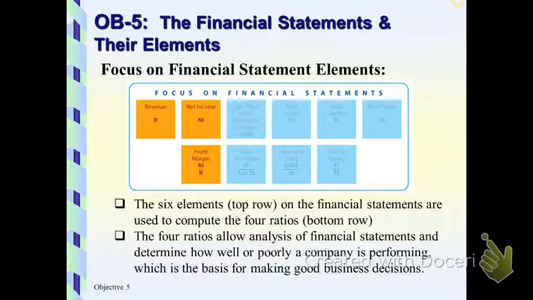We can see that the cash flow from operations activities, total assets, total liabilities, and total equity each impact the asset turnover, the cash flow yield, and the debt to equity ratios. The 4 ratios allow us to analyze the financial statements and determine how well or poorly a company is performing, which is basically what businesses use to make good business decisions.